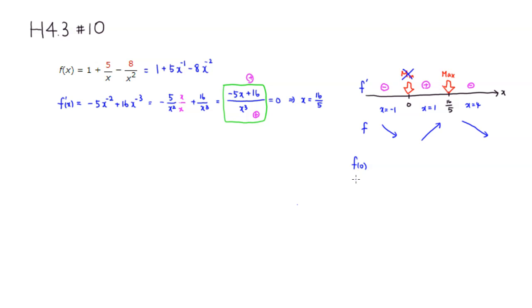So we need to compute f of 16 over 5. So what's this? You have 1 plus 5 times the reciprocal of x, so it's going to be 5 over 16 times 5, so it's 25 over 16, minus 8 times the reciprocal of 16 over 5 squared, so 5 over 16 squared.